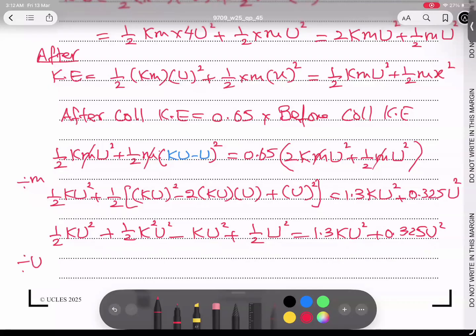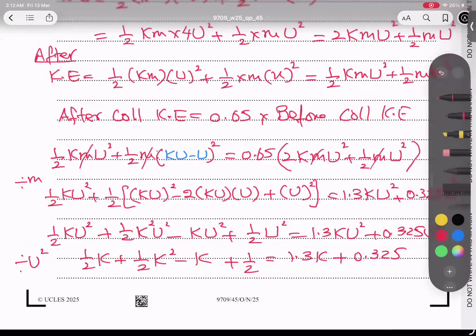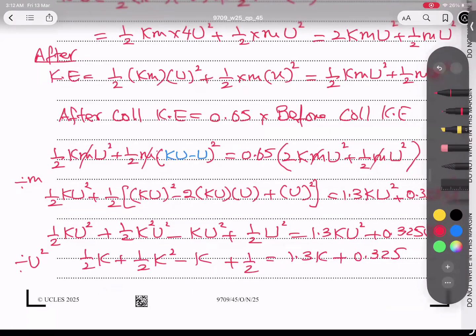If I divide by u square, students, I will get half k square minus k plus half equal to 1.3 k plus 0.325. Now, students, the complete equation has turned into k format. Half k square comes from here. Now this half k, this negative, and this 1.3 come to this side.